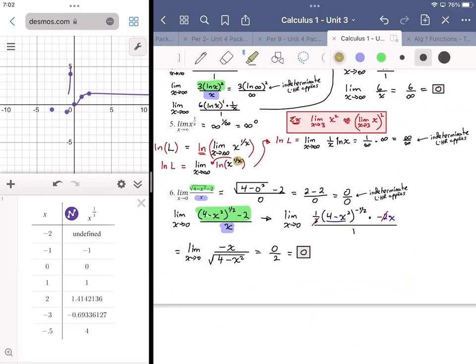So I can now take the derivative of the top and the derivative of the bottom separately, right? But before I do that, I'm going to rewrite it so that there is a top and a bottom. So the derivative of the top would become a 1 over x. The derivative of the bottom would become a 1. So this boils down to the limit as x approaches infinity of just 1 over x.